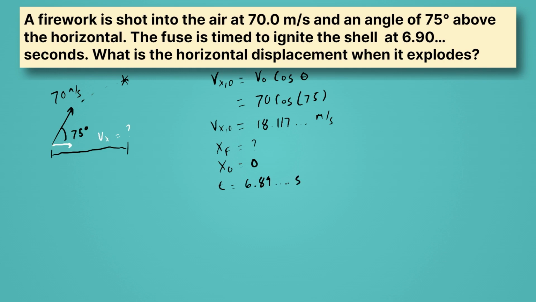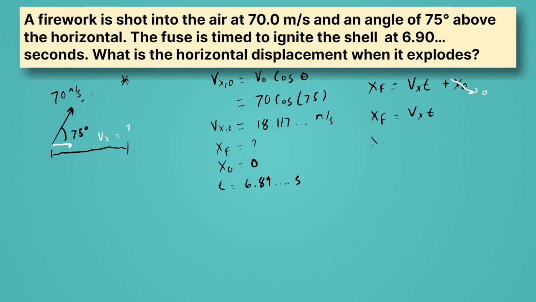This is really straightforward because there's only one x equation to grab. It's x final equals Vx times t plus x0. And in this case, we know already that our x0 is 0. So we just reduce that to x final equals velocity in the x direction times t.